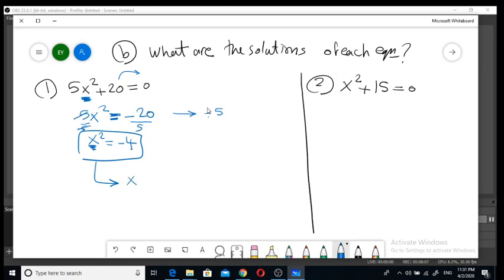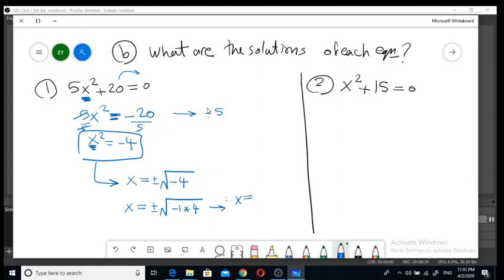So it will be x is equal to plus or minus, don't forget, square root of negative 4. Then we can simplify by using the imaginary number i. So x will be plus or minus square root of negative 1 times 4.